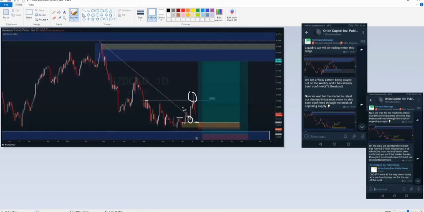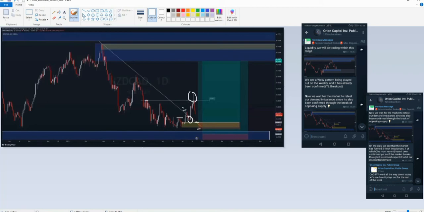The reason I decided not to place my entry on this area was because of the basing candlesticks. When I compared them to this one, this one looked a whole lot better. So that's where I placed my stop loss, a few pips below the distal line.